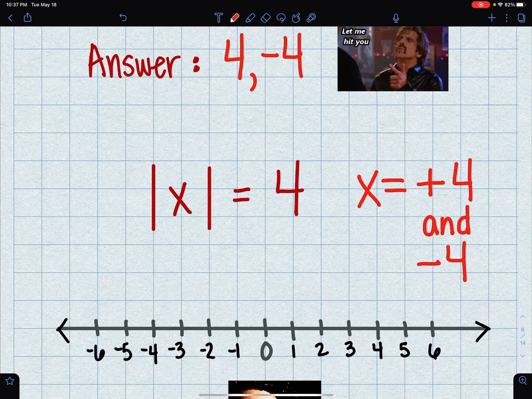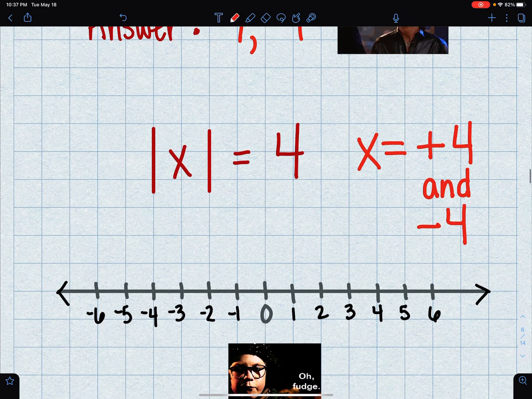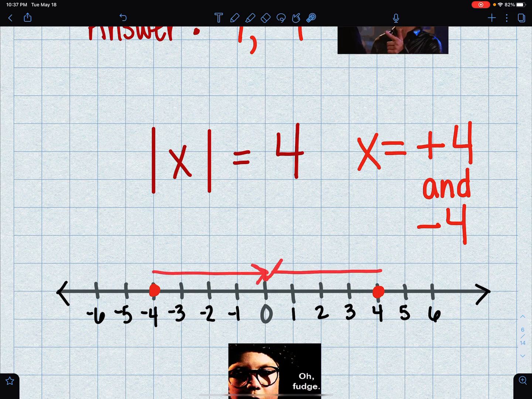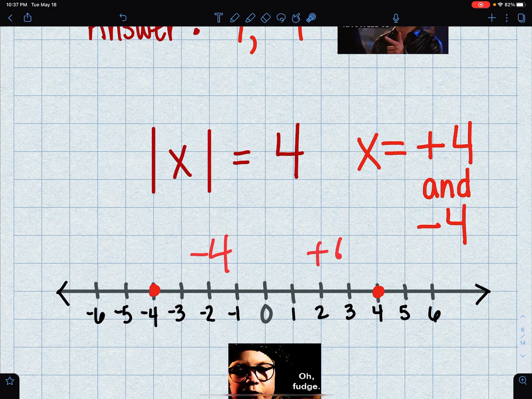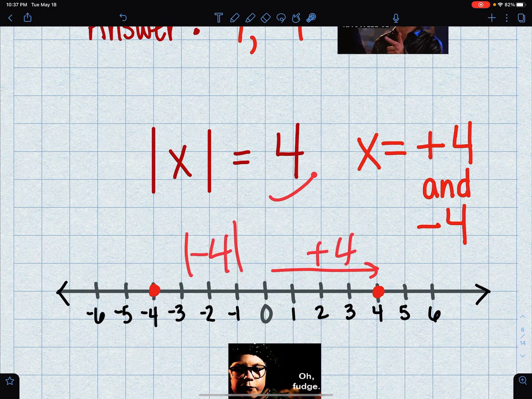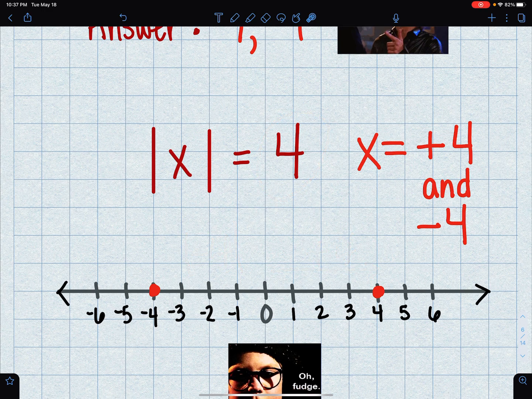And if we graph that, it's going to be a 4 here and this negative 4 here. And so you can see that they're the same magnitude from the origin, just different directions. So negative 4, positive 4, the absolute value of either one is this 4. And when you graph it, it looks like this.